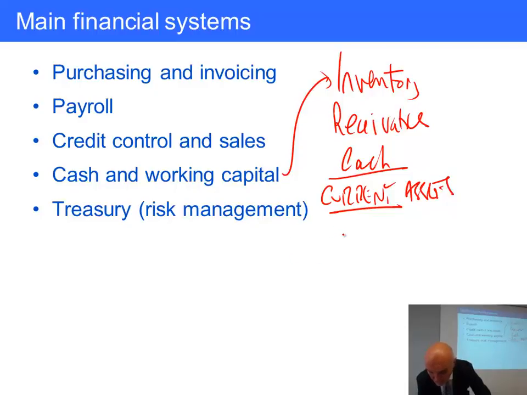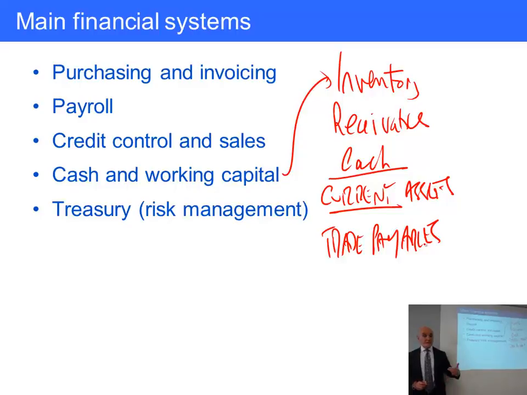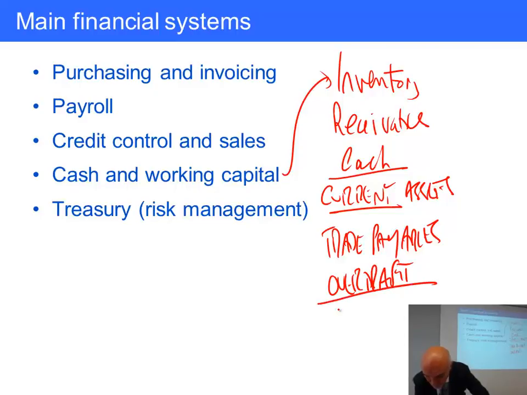Then you have things like what I just put one in here, your trade payables. Trade payables is what you owe to your suppliers. I'll put another one in, maybe your overdraft. This is going to give you your current liabilities.